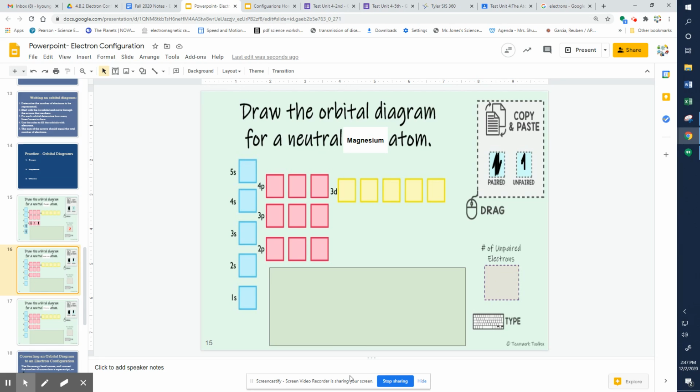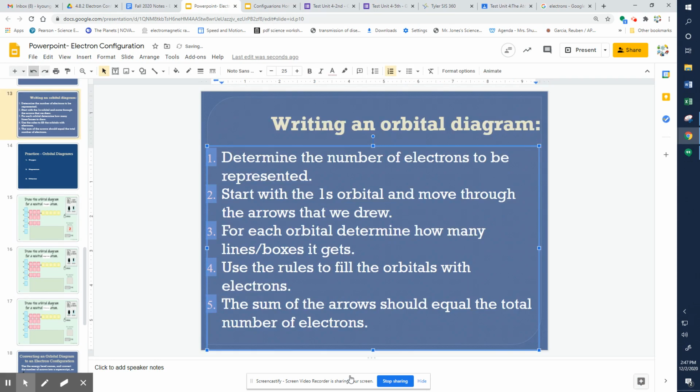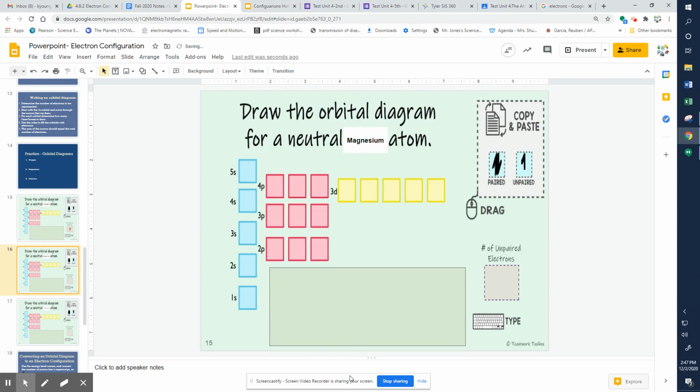For our next one, we're going to draw the orbital diagram for a neutral magnesium atom. So here's magnesium. So we've already done this, so I'm just going to show you how it would look on this diagram.